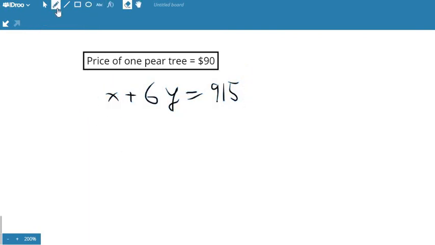I think there was 5x plus 6y. So what you have to do is replace this y with its value, which is 90. You have a 90 here. If you multiply and solve it, you will have the value of x.